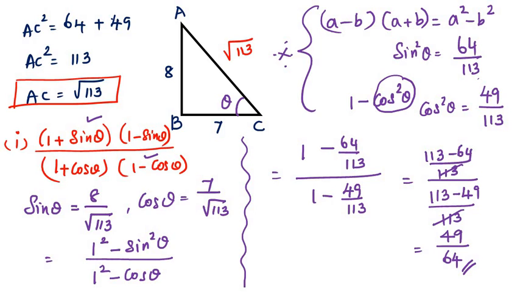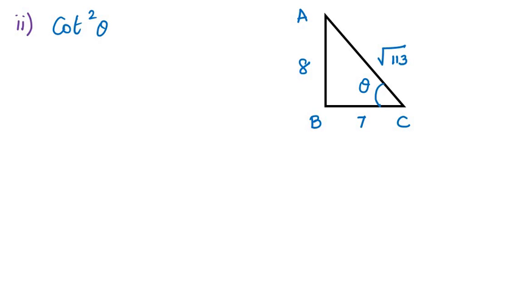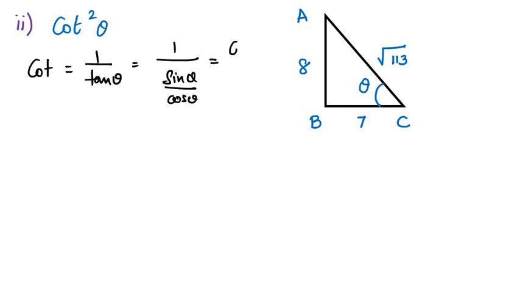The next subdivision is 2. In subdivision 2, it was given cot square theta. We know that cot theta is equal to 1 by tan theta. We can replace tan theta by sin theta divided by cos theta. After reciprocating, the numerator gets cos theta and the denominator gets sin theta.